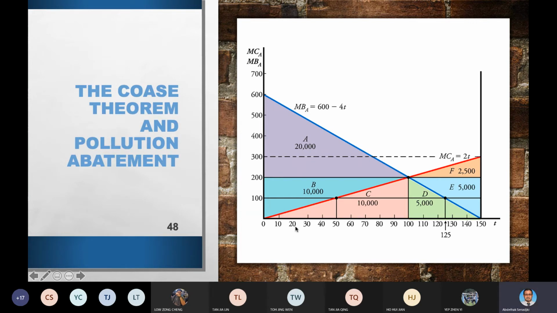So that, receiving payment of 2.5K from the mill, for 25 tons here, they will receive only 2,500. The extra 75 tons, because the marginal cost is more than 100.